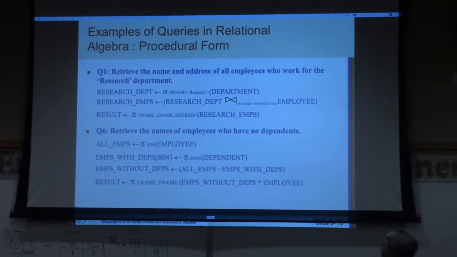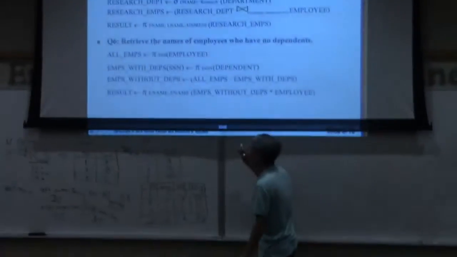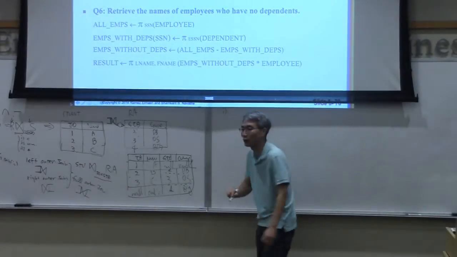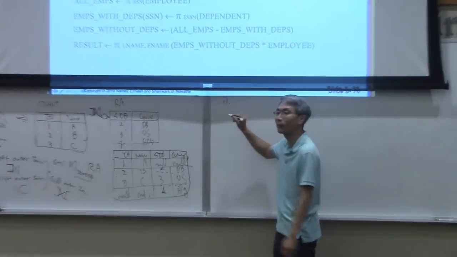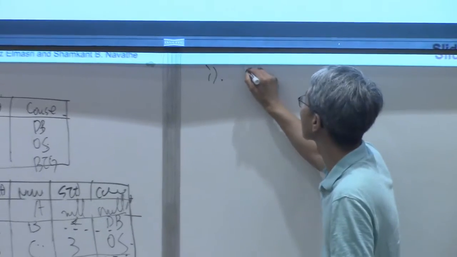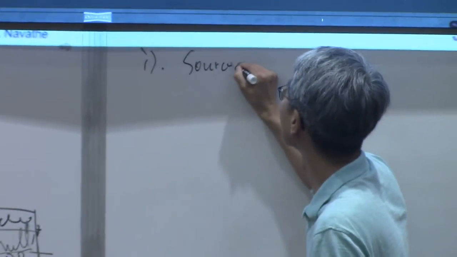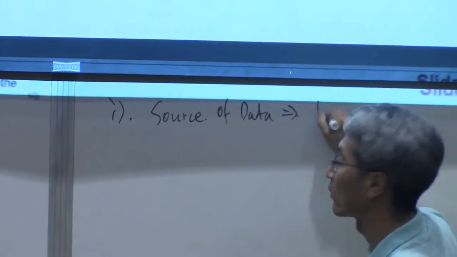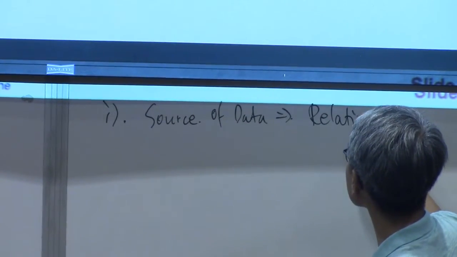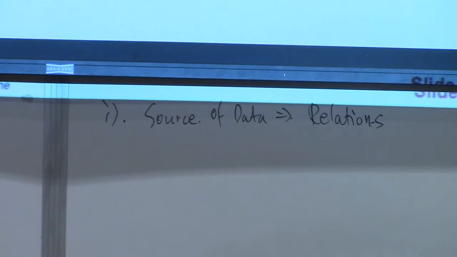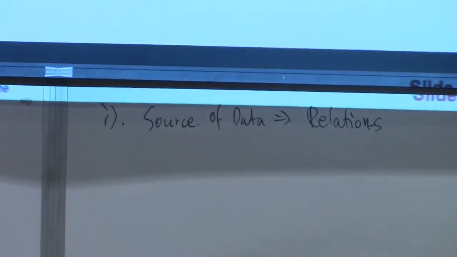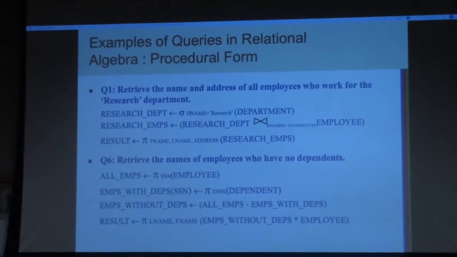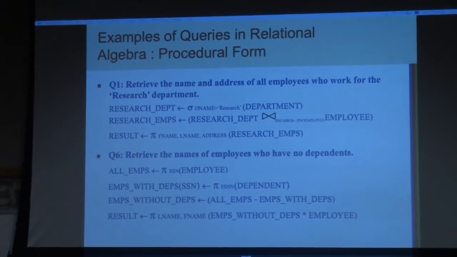After you understand the meaning of that, it's my rule, not a general rule, but the first thing you need to do is identify the source of data, which means the relation name or relation. So first, retrieve name and address. Where can you get the name and address of all employees?